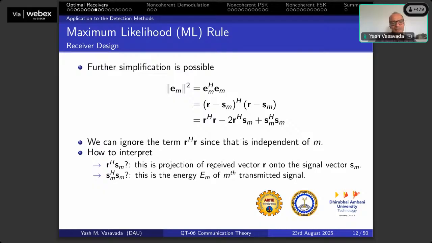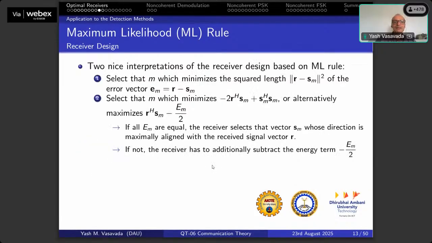R Hermitian transpose Sm is nothing but the projection of the received vector onto the mth signal vector. And Sm Hermitian transpose Sm is nothing but the energy of that particular symbol. And so we can implement ML by basically doing a projection operation.